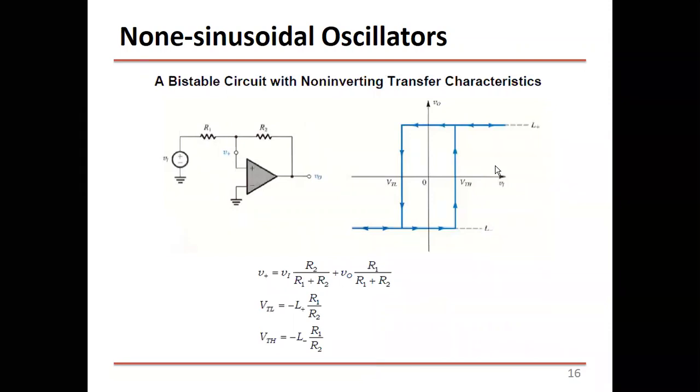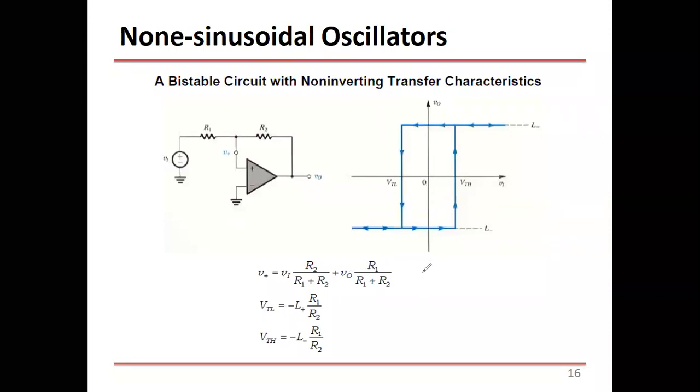Yes. I'm not quite sure I understand what happened to the bottom terms of the V plus expression. You mean these ones? Yes, after substituting V plus as 0, I'm not sure what happened to the denominators of the other terms, the V input and V out terms. Okay, so let's plug in here V out with L plus. You agree with this?